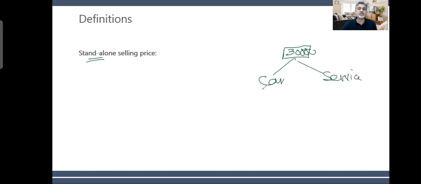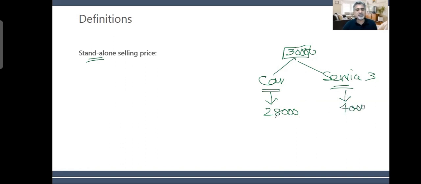And this is called the standalone price of the car, which means that if I purchase the car in the market, how much is it for? Maybe the car is for, I don't know, 28,000, let's suppose. If I purchase the service, the 3-year service, not the car, ignore the car, I only want to purchase service, warranty, maybe it is for $4,000.